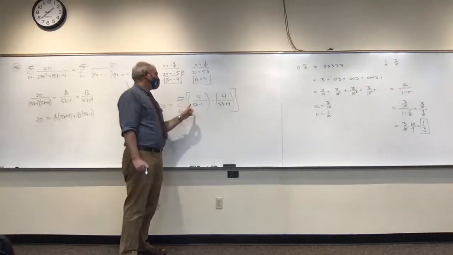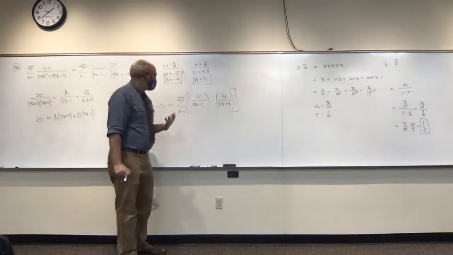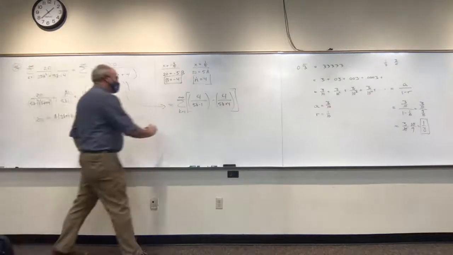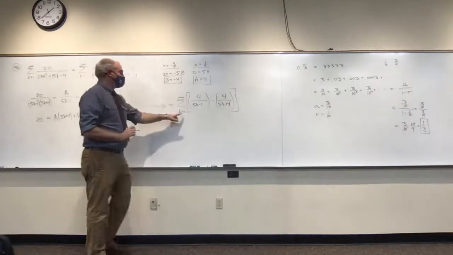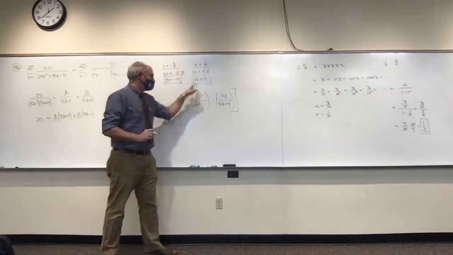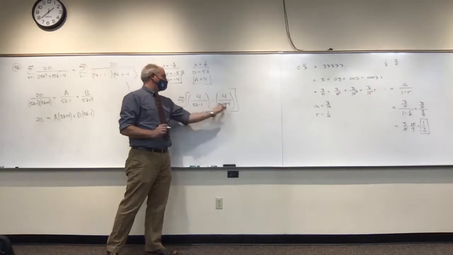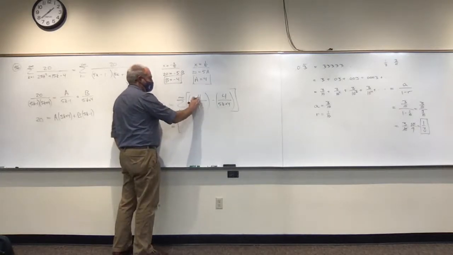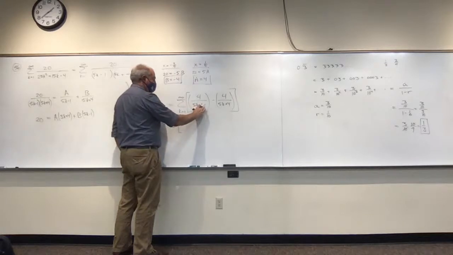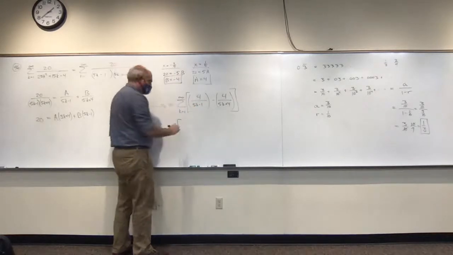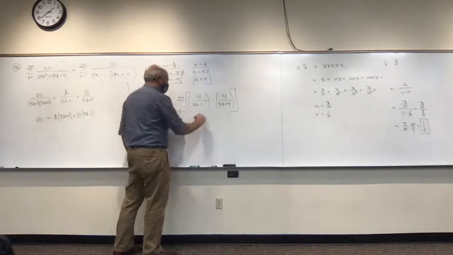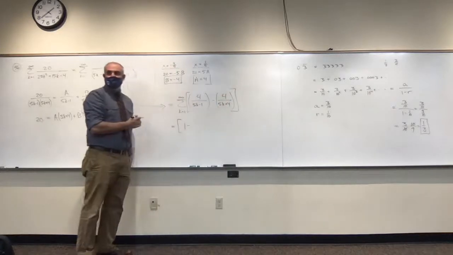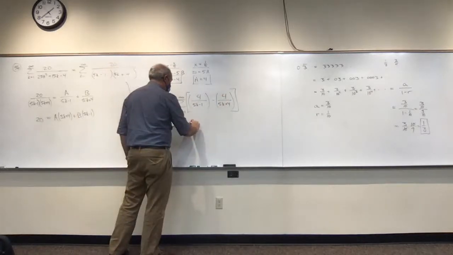Okay, so now let's start plugging in some numbers for k and see if this makes my life any better. So let's say that k is equal to 1. What does this become? And don't subtract, just leave each piece alone. If I plug in 1 for k, I get 4 over 5 minus 1, which is 4 over 4, or just 1, minus 4 over 9, correct?